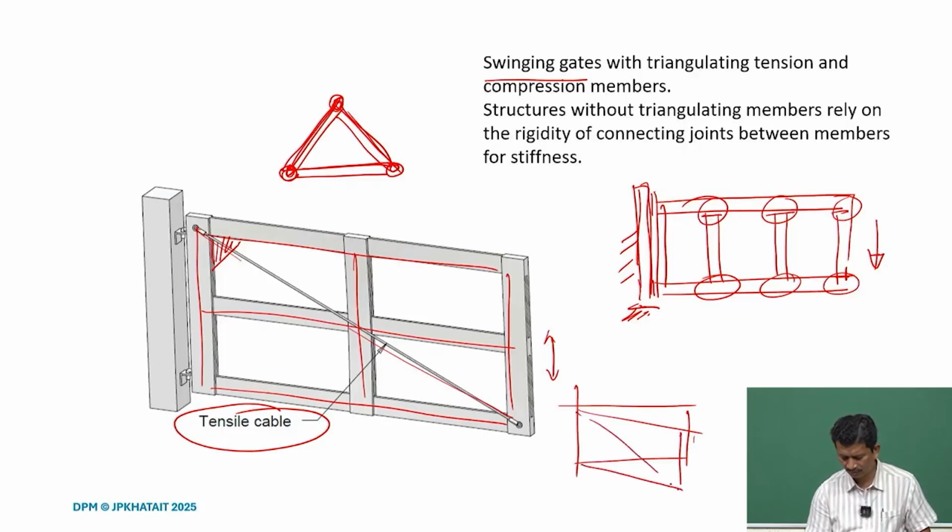So if you have this tensile member, it has to extend, right? If you just lock it, this will not happen. So putting in a diagonal, and if we do the free body diagram, we realize that there will be only tension.